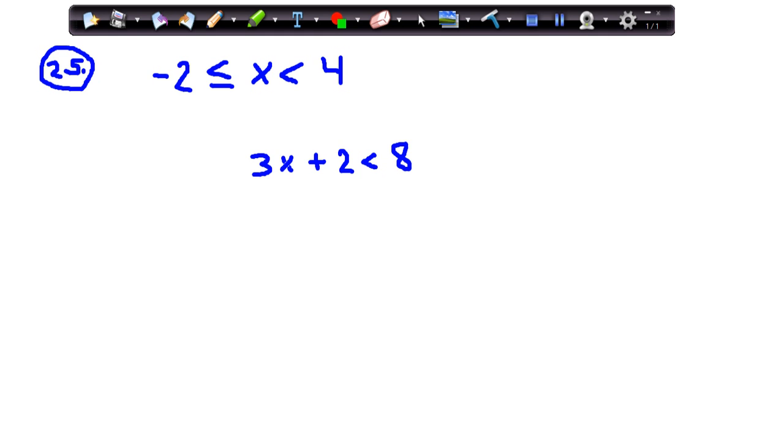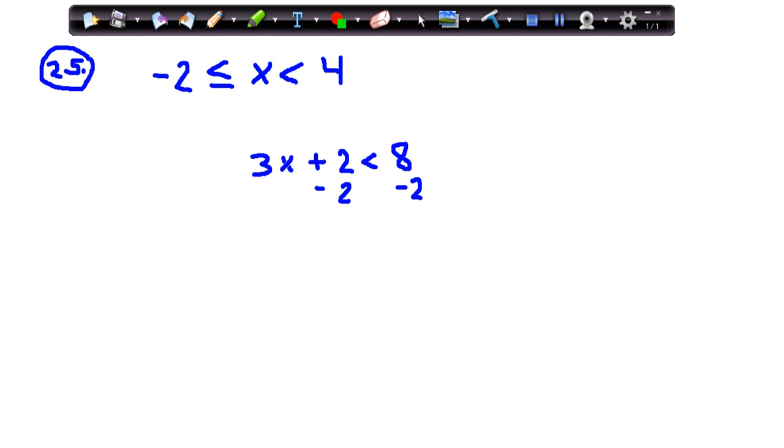So subtract 2 from both sides. We'll get rid of the 2 that's on the same side as the 3x. But remember, whatever you do to one side of the equation, you have to do to the other side, right?